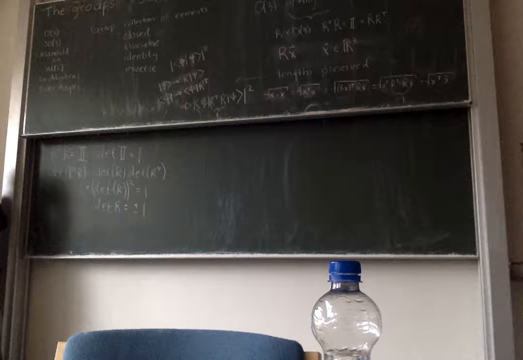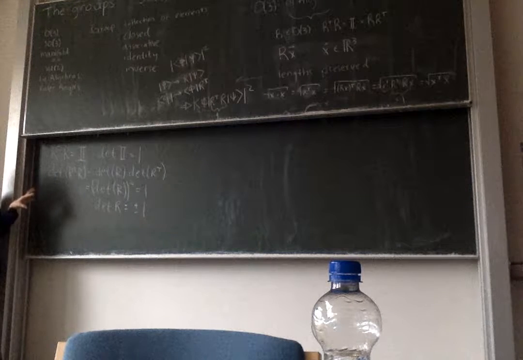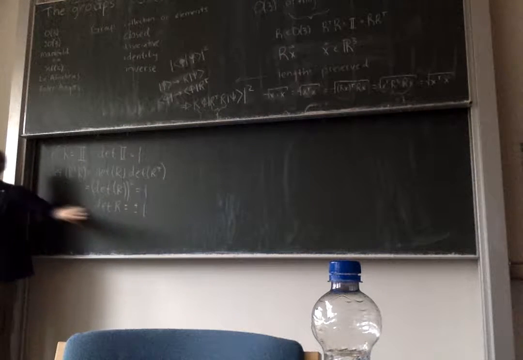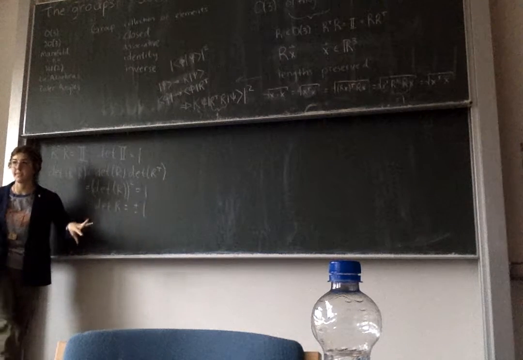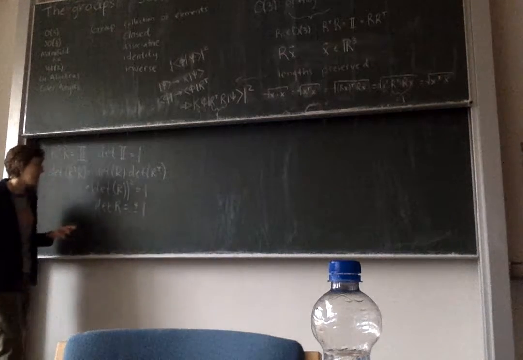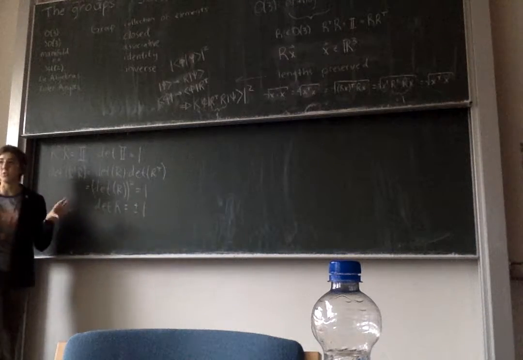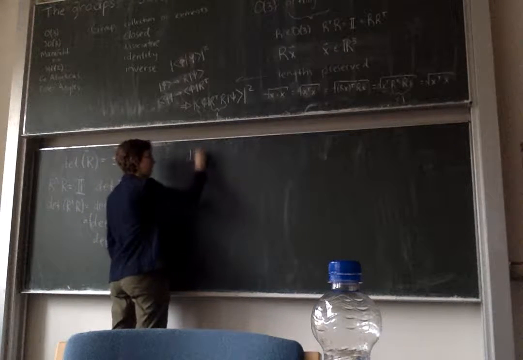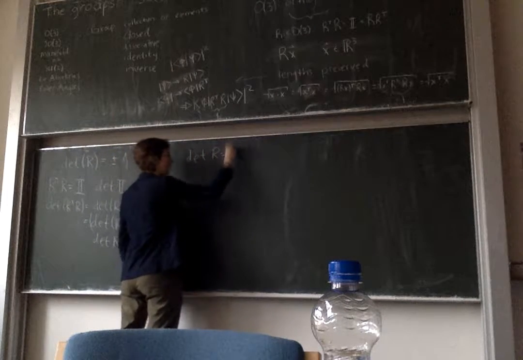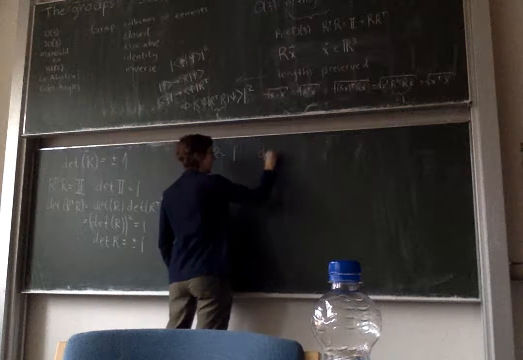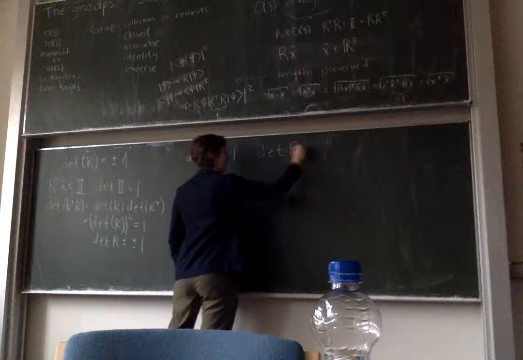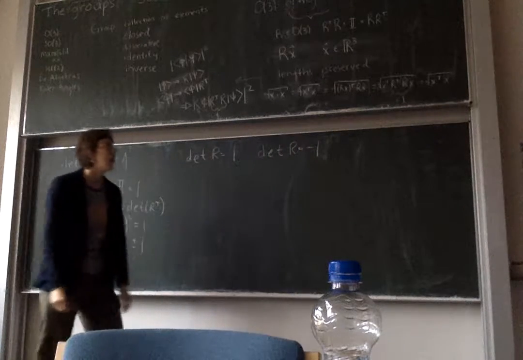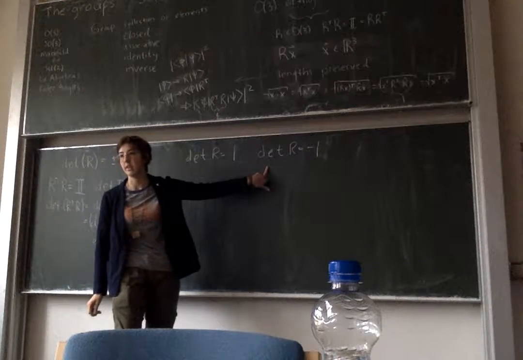And so all of the elements in O3 either have a determinant equal to plus 1 or a determinant equal to minus 1. And we can consider these two sub-collections. We can split them up into those with a determinant equal to 1 and those with a determinant equal to minus 1. The determinant of the identity is 1.